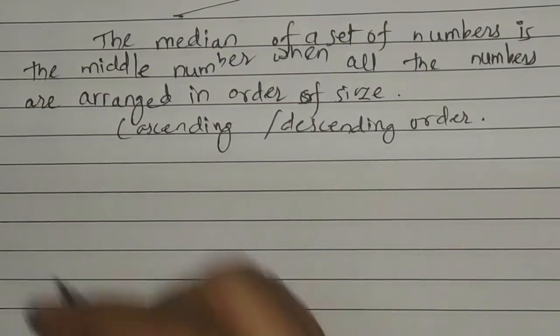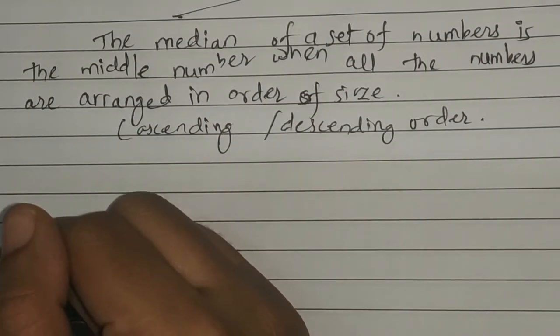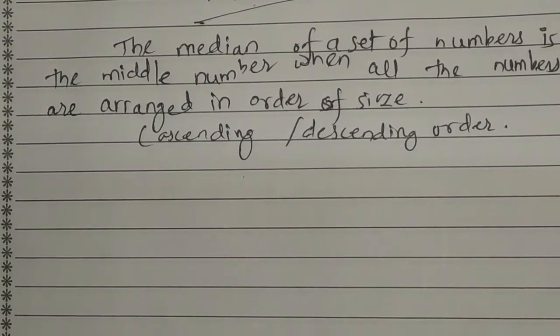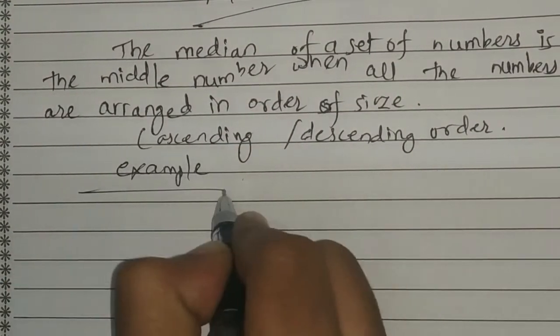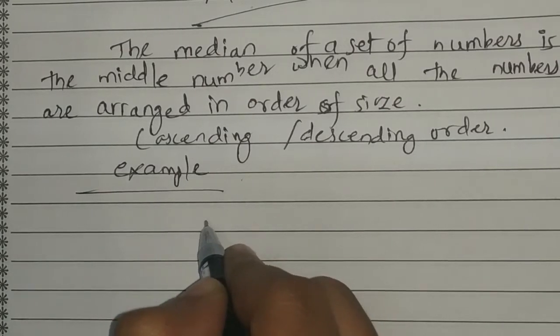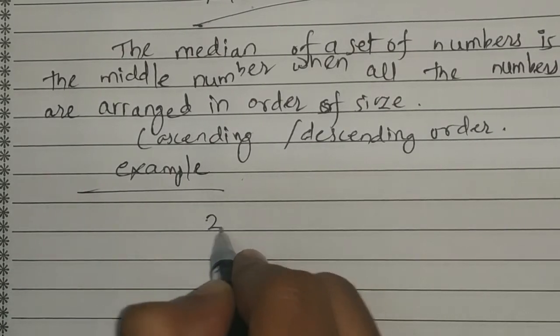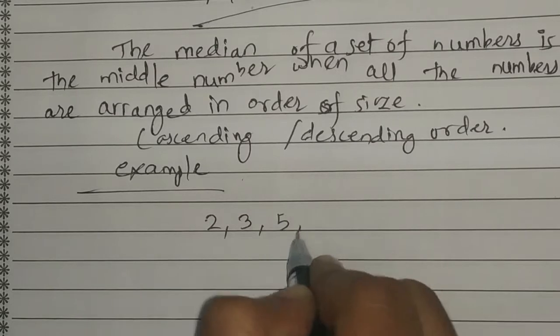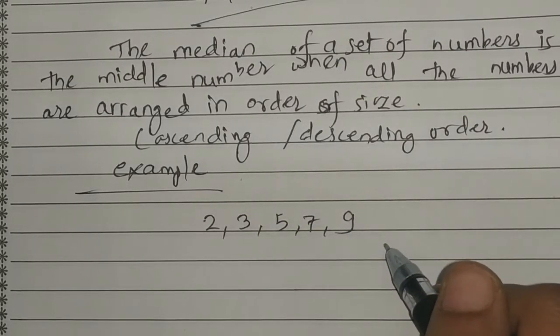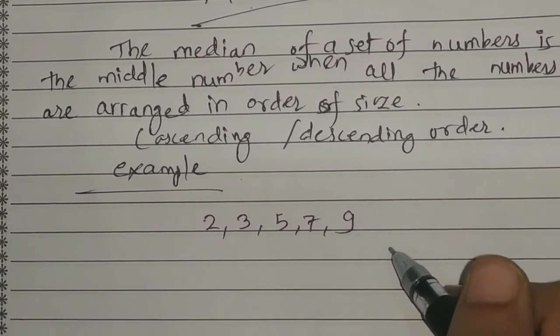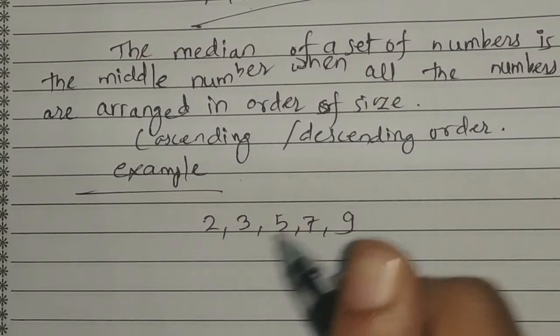For example, suppose we are having a data of marks secured in a spelling test by the children: 2, 3, 5, 7 and 9. So suppose these are the marks in the spelling competition secured by the children.